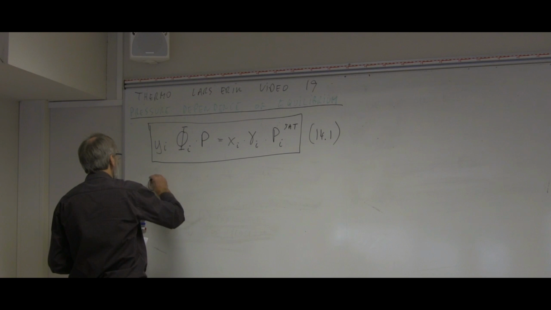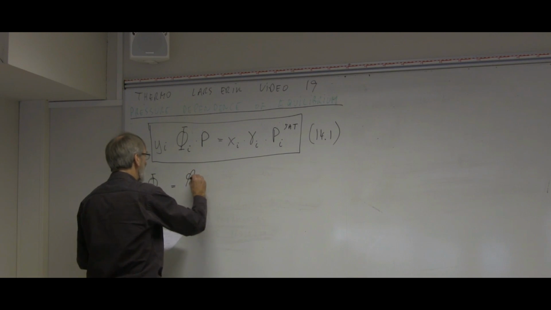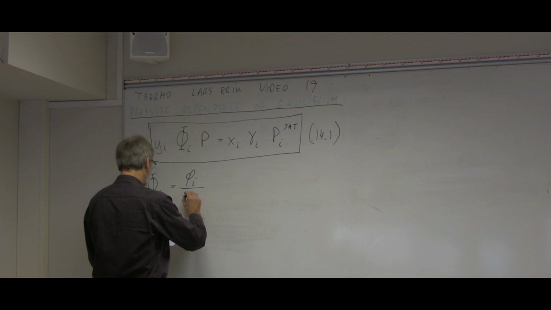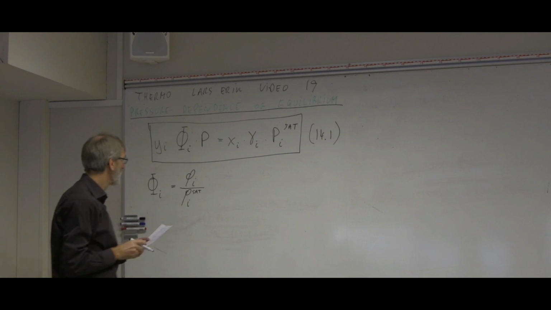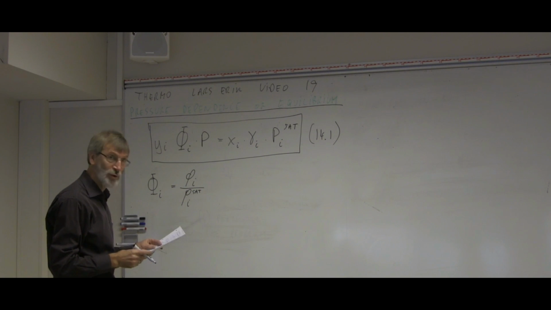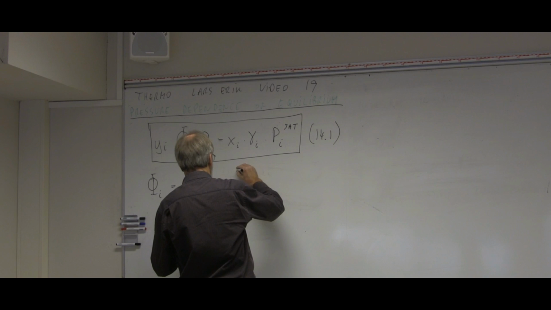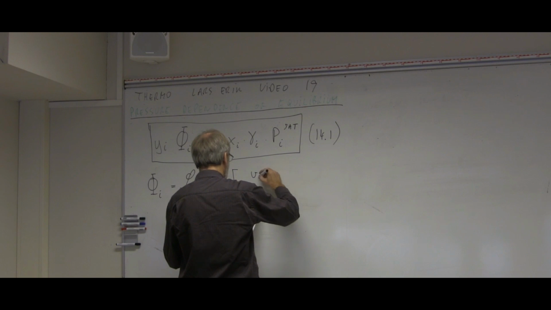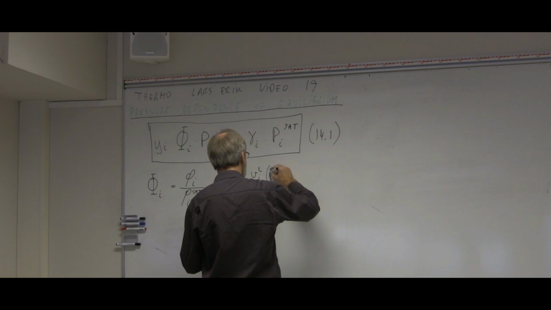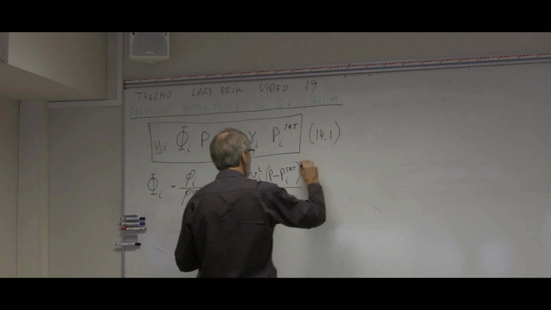This large phi is the fugacity coefficient divided by the saturation fugacity coefficient for a pure component, times the exponential of minus the volume of the liquid times P minus the saturation pressure, over RT.